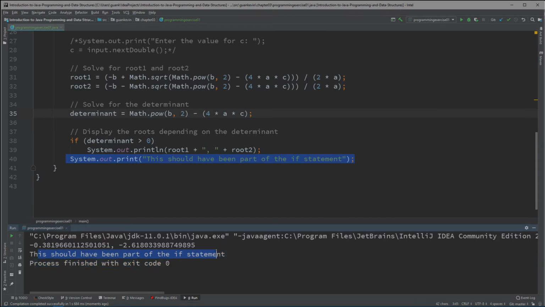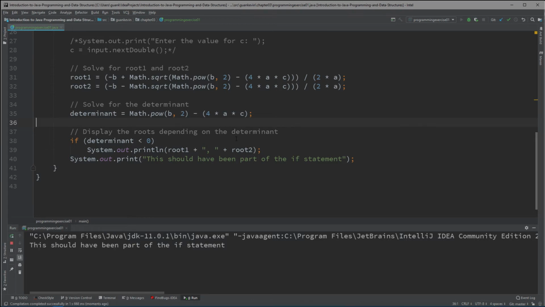Now, what happens if I say if determinant is less than 0? Well, I'm going to run that, and it turns out if 5 is less than 0, it won't even display this at all, and it'll continue on to the next line. And the next line is this print statement right here, which is what gets displayed.